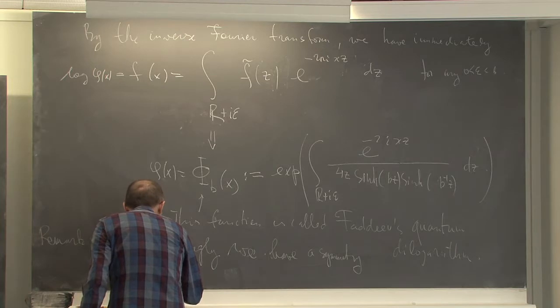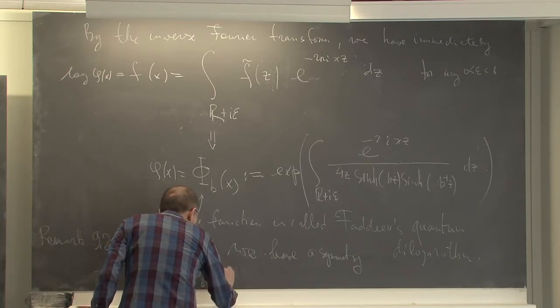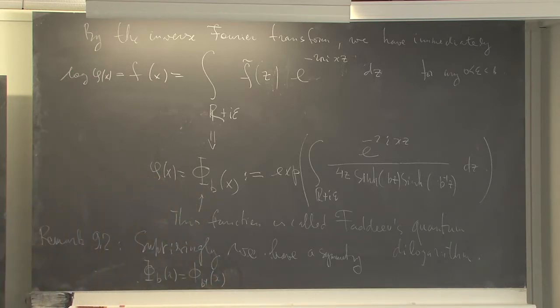Phi b of x equals phi b inverse of x. Look at the formula.